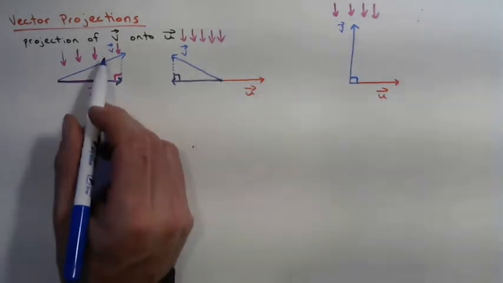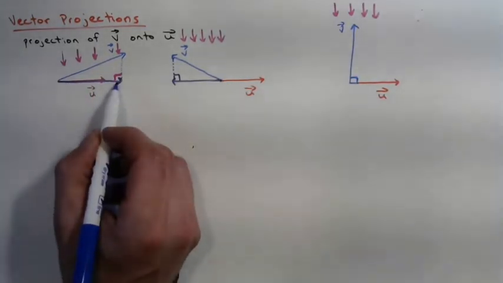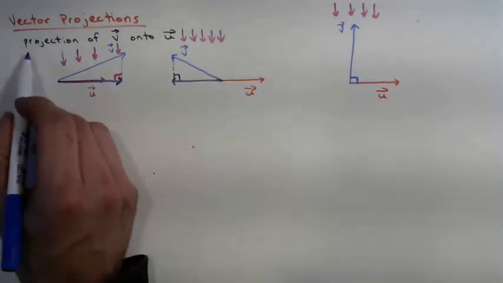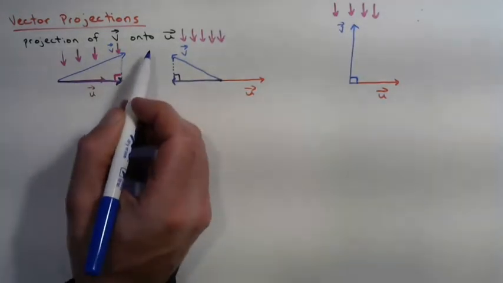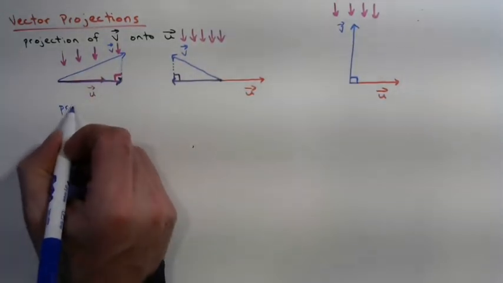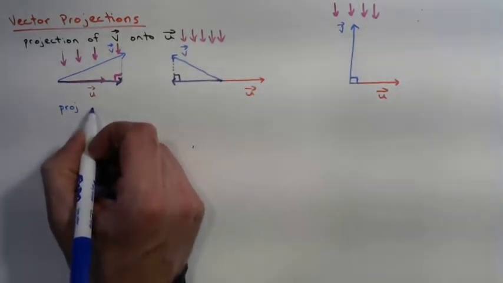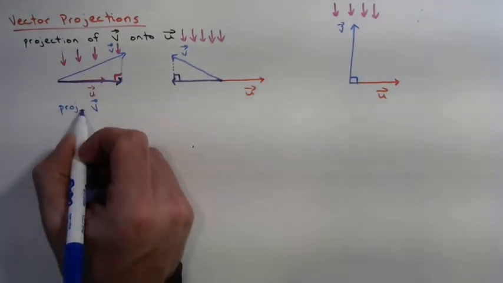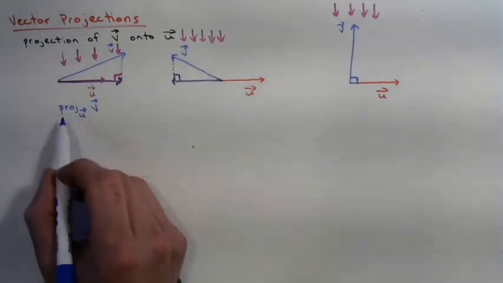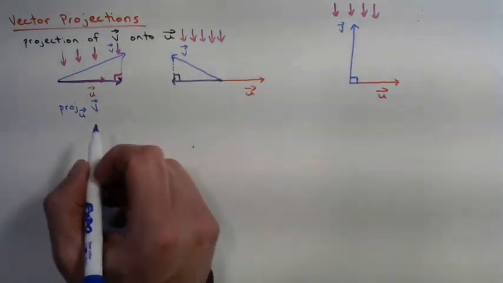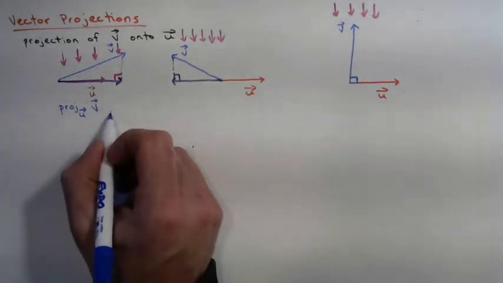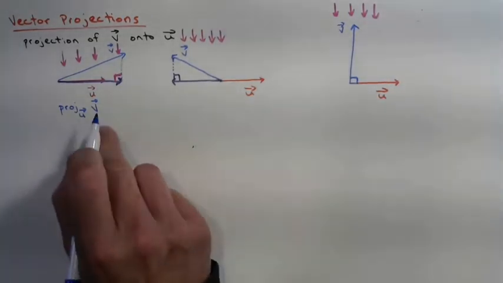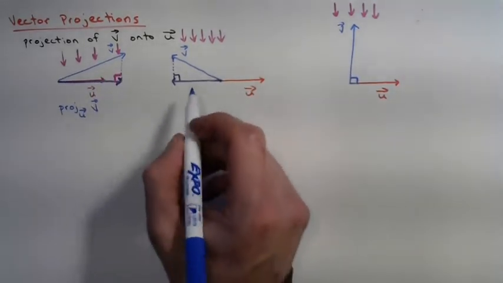It is the component vector of v in the direction of vector u, and this language, the projection of vector v onto vector u, can also be said this way: P-R-O-J, the projection of, and then leave a little space here, v with a base of u. This says the projection of vector v onto u. In this case, it is in the direction of vector u. It's going the same direction anyway.